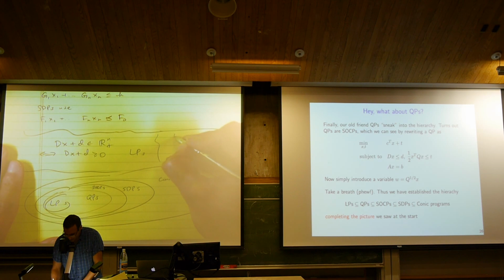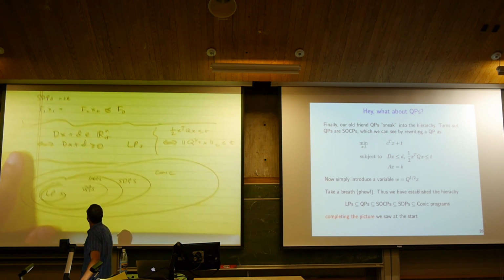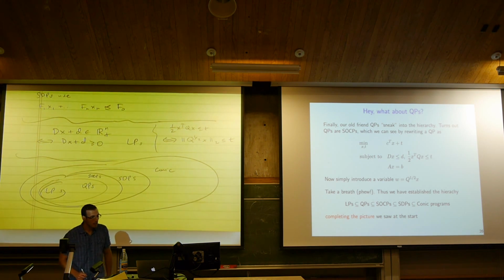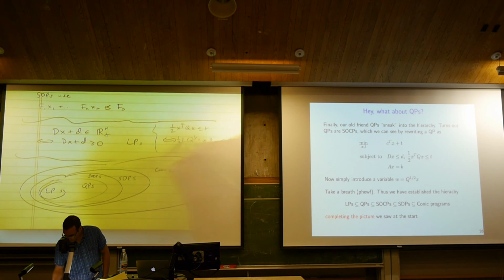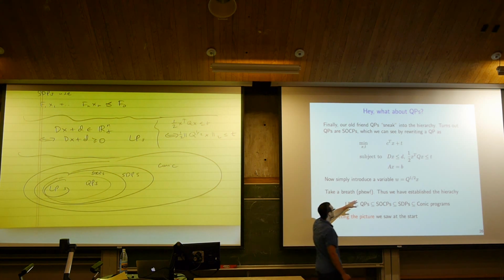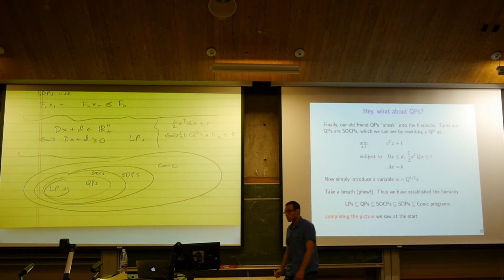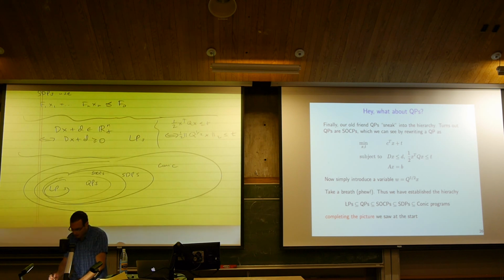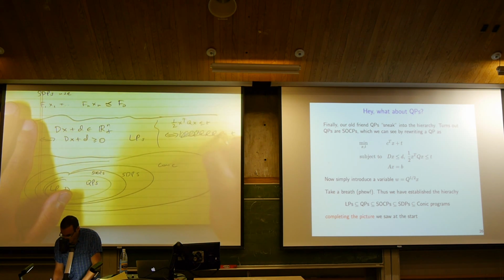Because if I write this inequality in this form, then I can very easily get to an SOCP from this QP formulation. Actually, probably it's easier if I just wrote it out for you.